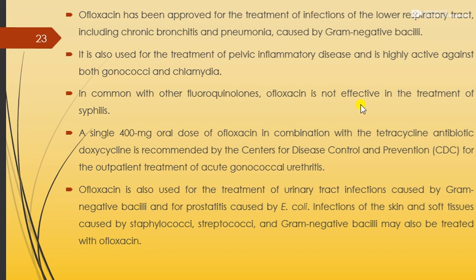Ofloxacin is not effective in the treatment of syphilis. A single 400 mg oral dose of ofloxacin in combination with the tetracycline antibiotic doxycycline is recommended by the Centers for Disease Control and Prevention, that is CDC, for the outpatient treatment of acute gonococcal urethritis.